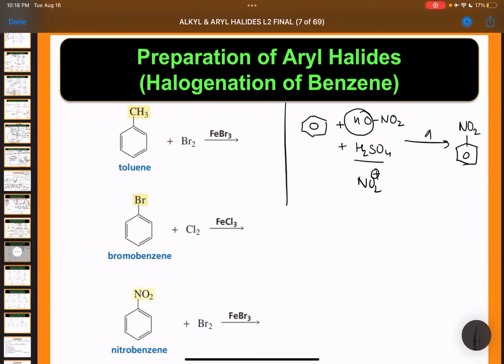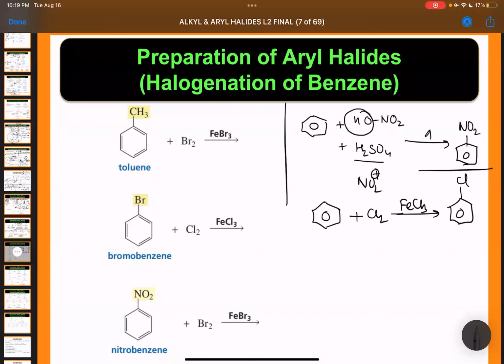Yes, sir. Now the other thing is, suppose a group is already present on the benzene, then where do we need to put that electrophile? Suppose in the last question we discussed that we were having benzene and we took Cl2 and FeCl3, and if someone asks us where will you put that Cl, I will say it is needless to ask because benzene is a regular hexagon.